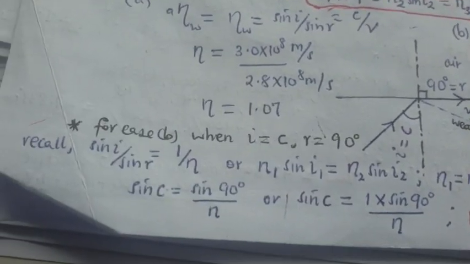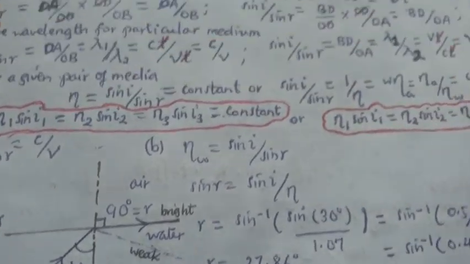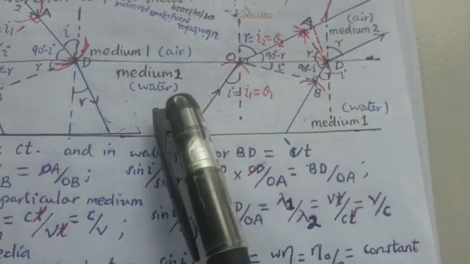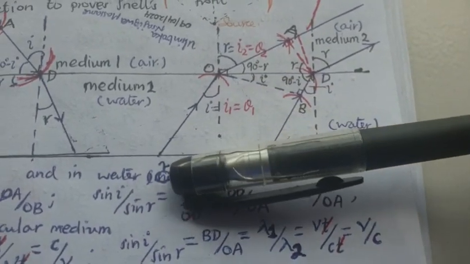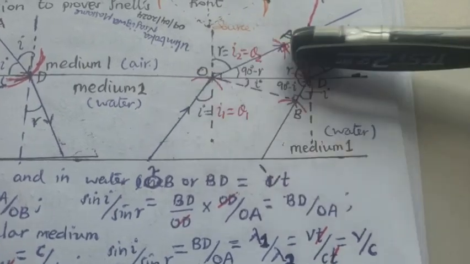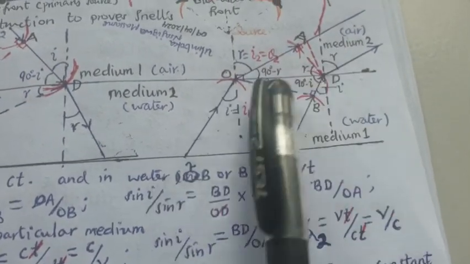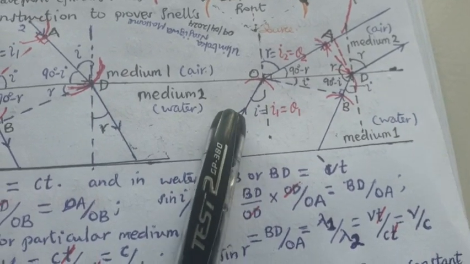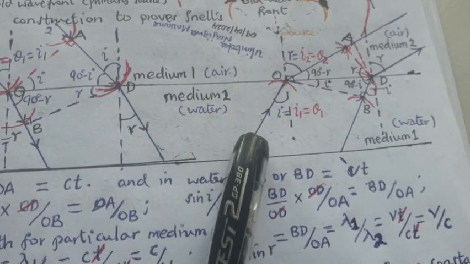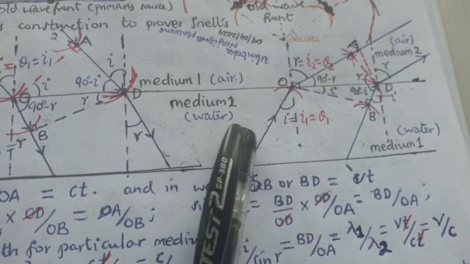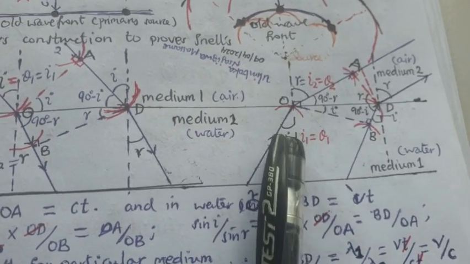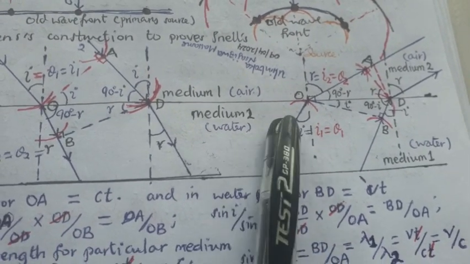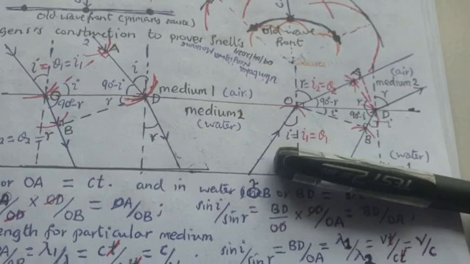For the case of the critical angle, the condition is fulfilled by this second case, when a light wave moves from a denser media to a less dense media. As it moves from the denser media to the less dense media, the angle of incidence is increasing. Let's say the source of light here is moving away somehow in such a way that the angle i is increasing, moving away from the normal until it becomes equal to the critical angle.